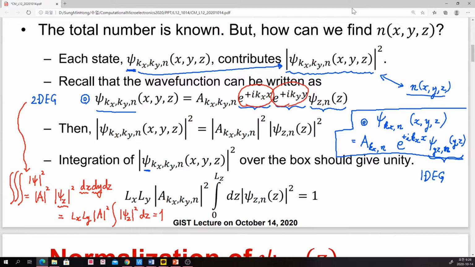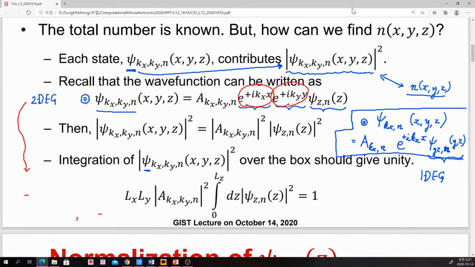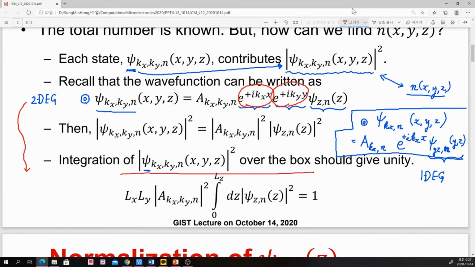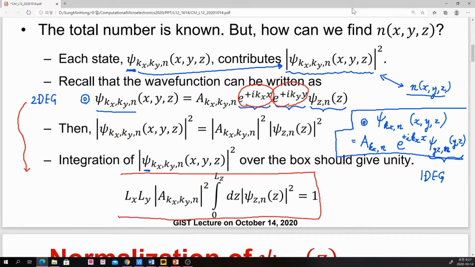This is the required condition to interpret the wave function as a PDF. Okay, then I just show you how we can obtain this normalization condition shown in the slide. So this is the reason why we have this condition. Up to now, we have done it without any further assumption, and here we have introduced that the z directional wave function itself is normalized to unity.